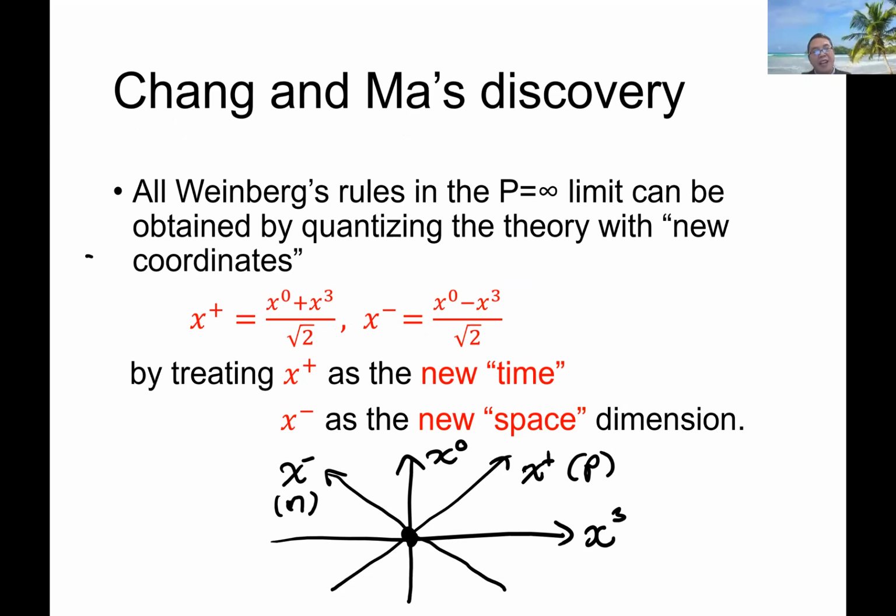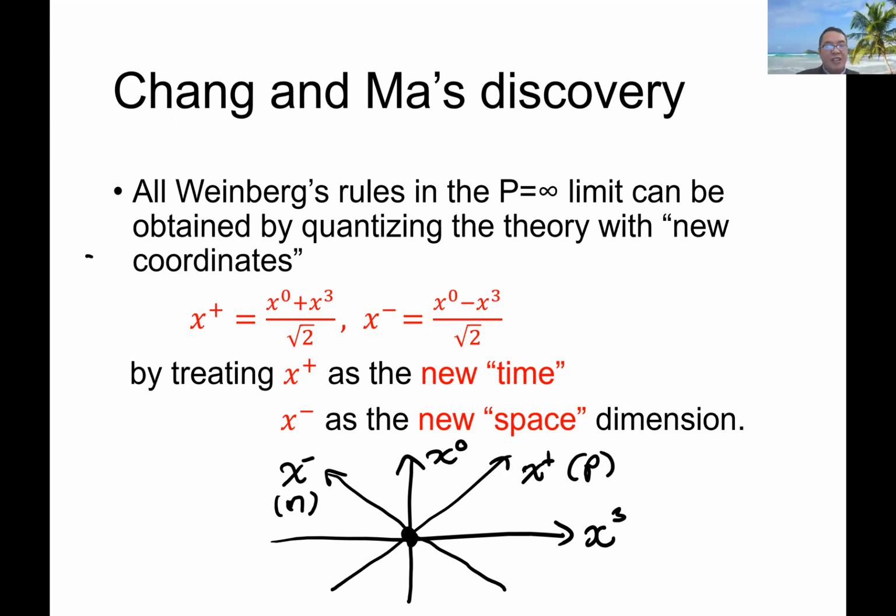And what Chang and Ma discovered was that all the Weinberg rules in the infinite momentum frame can be obtained by quantizing the theory with the new coordinates, x plus and x minus. They're combinations of space and time. Space is the direction where the hadron is moving.